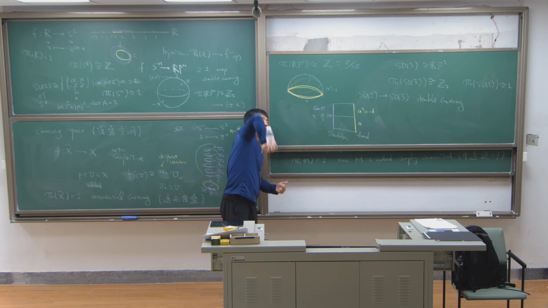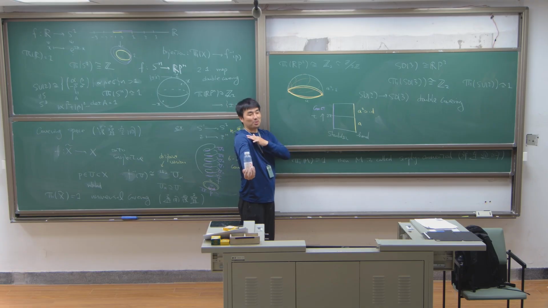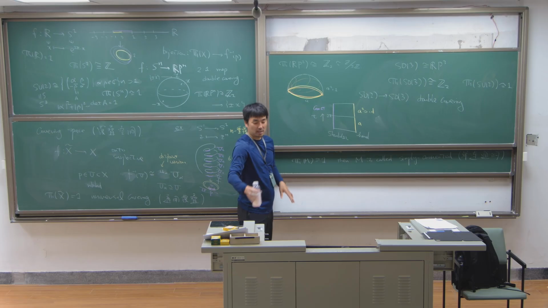And then by 4 pi, you shrink back to the original. It becomes a constant map, which is homotopy equivalent to this. So that's the double covering.